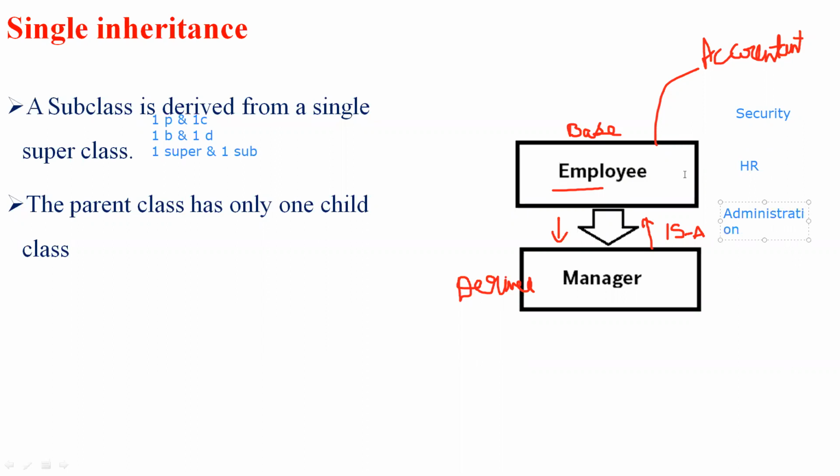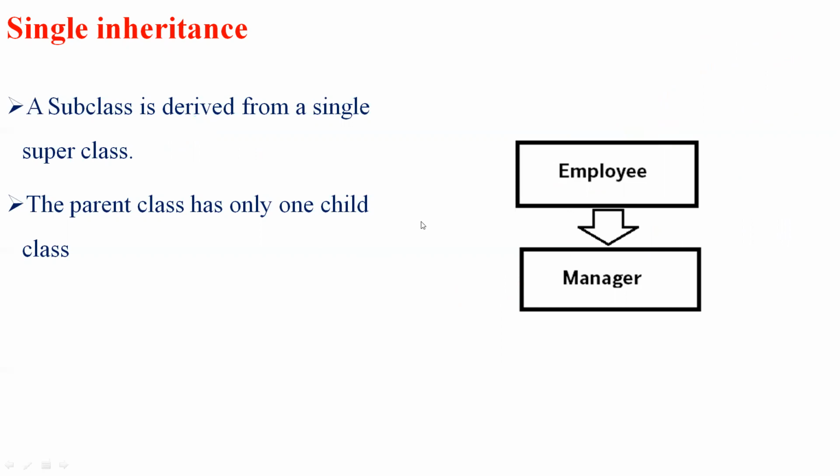So in this example, among the group of employees, I'm going to use a single inheritance in order to represent the role of a manager. This is an example of single inheritance.